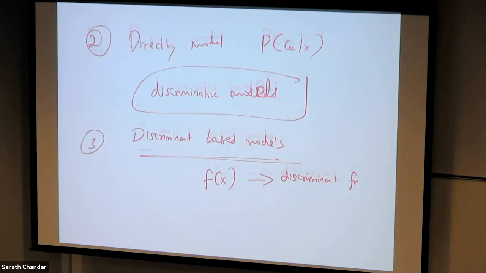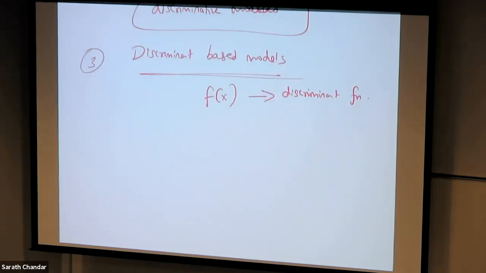Now, if I have to summarize, there is a spectrum of classification algorithms. At one end, you have generative models. Generative models are going to model the probability of x comma Ck, which is kind of an overkill in a lot of applications because we don't care about this. We only care about p of Ck given x. The next group in the spectrum is modeling p of Ck given x.